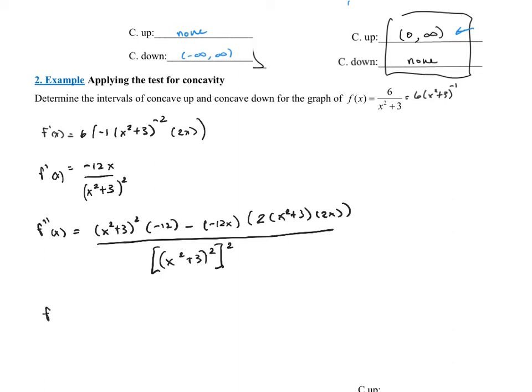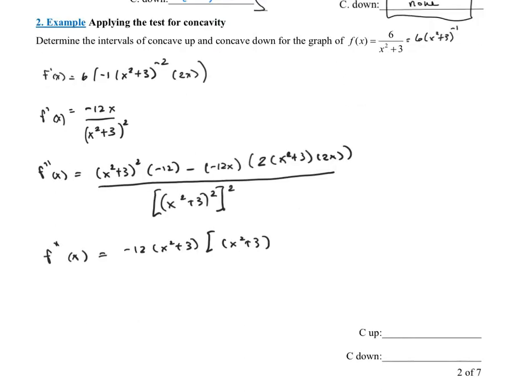So now what I want to do is factor out anything these things have in common. It seems to me like both of these terms have an x squared plus 3 that we could pull out. They even have a negative 12 that we could pull out. So I'm going to factor those out of the numerator and simplify the denominator. Let's see what we end up with. I factor out the negative 12, and I factor out an x squared plus 3. In my first term, I'm going to have an x squared plus 3.